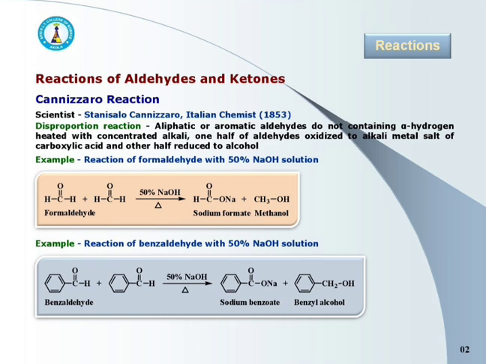The next example is the reaction of benzaldehyde with 50% NaOH solution. When benzaldehyde is heated with 50% NaOH solution, one molecule is oxidized to sodium benzoate, whereas the other molecule is reduced to benzyl alcohol.